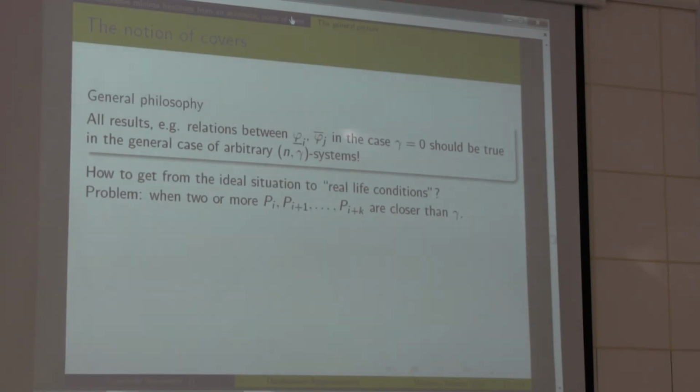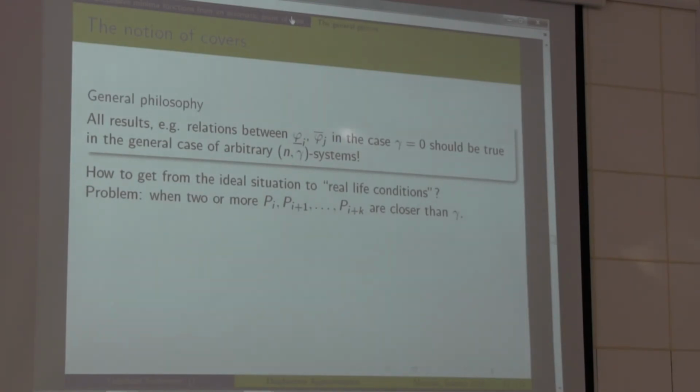Because in this case, we may not distinguish what happens in a strip of width gamma. The solution is, well, don't care about this. Simultaneous approximation properties may be seen by looking at the graph from somewhere far away. So we do not care about the details, we do care about the general behavior.